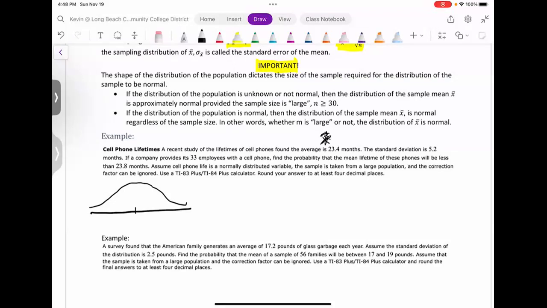This is not X bar. This is mu of X bar. Meaning if we do these samplings over and over again and get an average of each of the samples, what is the average of the averages? That becomes normally distributed, which in this case is the 23.4. And this is in months.